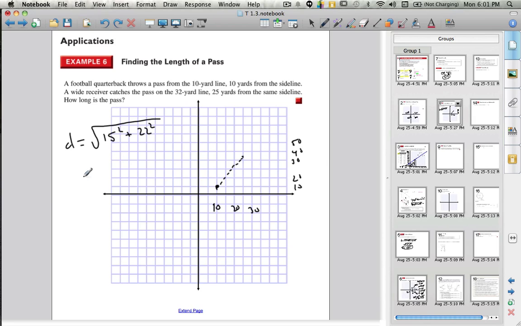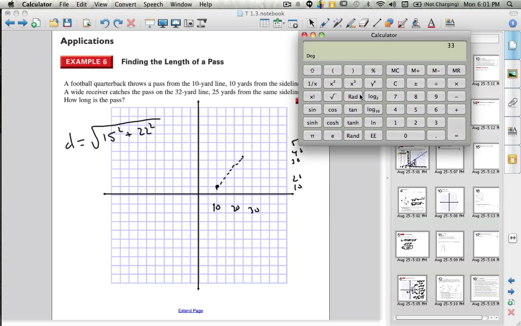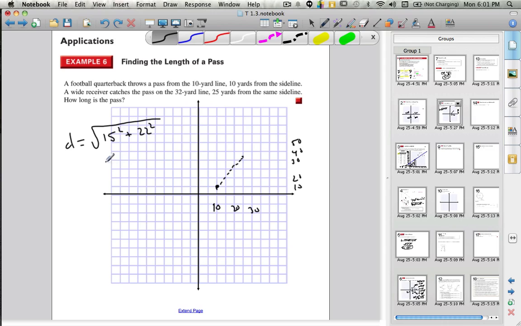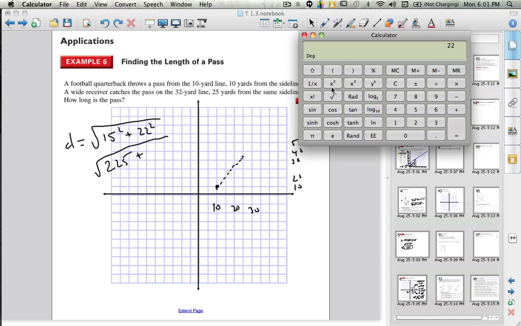So I'm going to pull up a calculator really quick. 15 squared is 225, and 22 squared is 484.